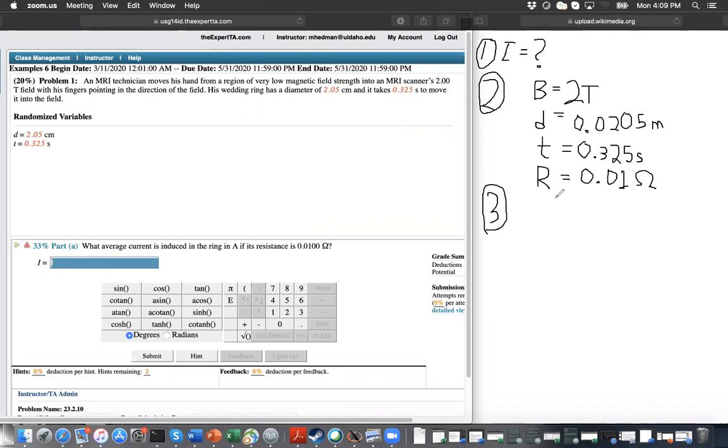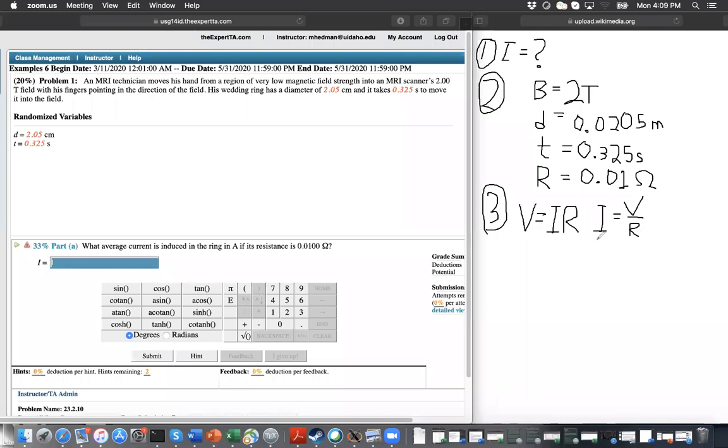The one that kind of stands out is we're told the resistance of the wire and we're looking for a current. One of the things we have that involves both those quantities is, of course, Ohm's law, V equals IR, which we can always just rewrite as I equals V over R. Fine.